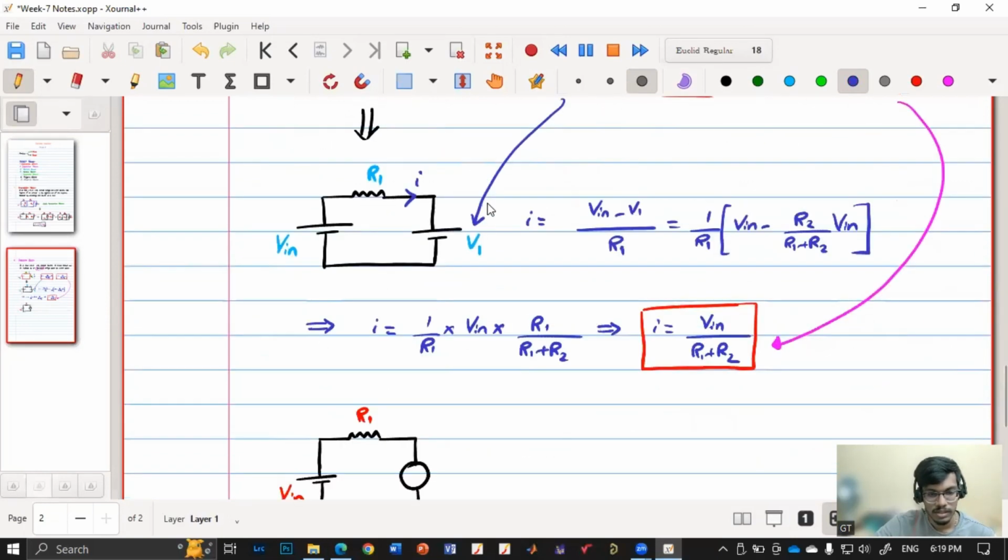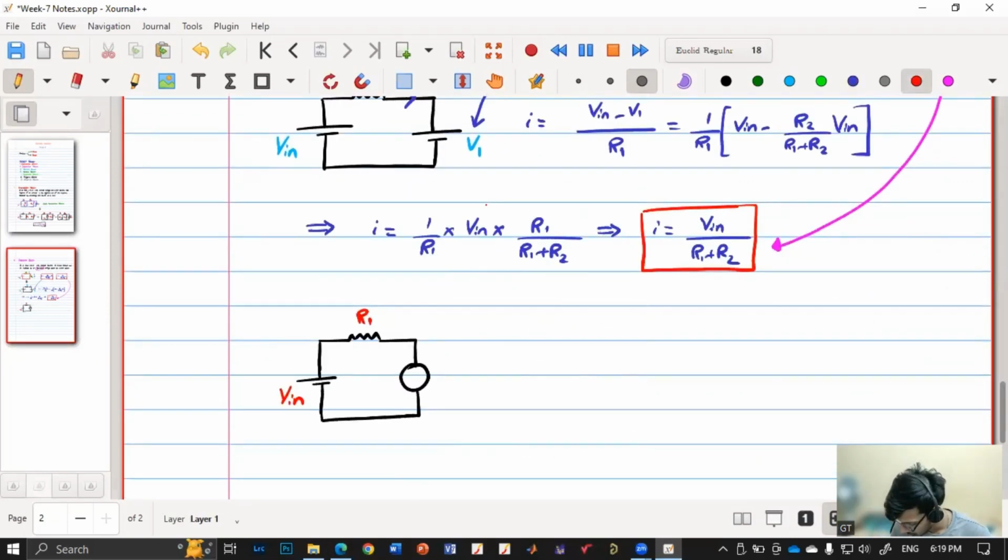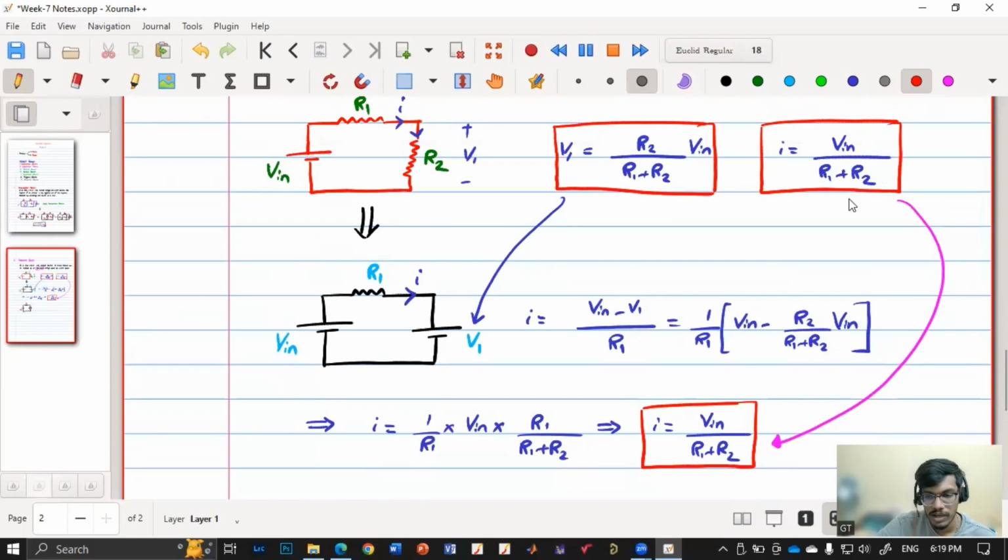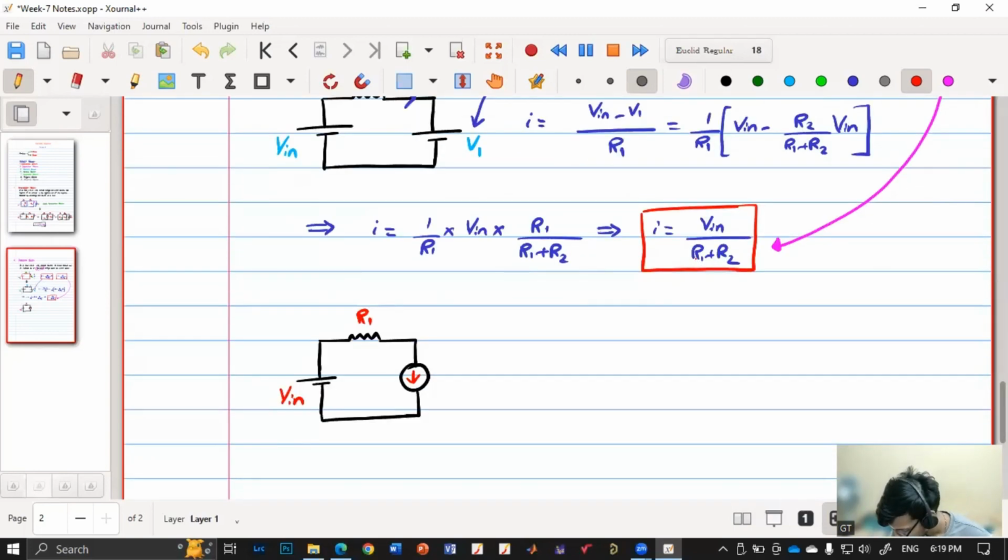Top to bottom. So I have to consider the current source in the exact same direction, with the magnitude we have obtained here, V in by R1 plus R2. So this much current is flowing.